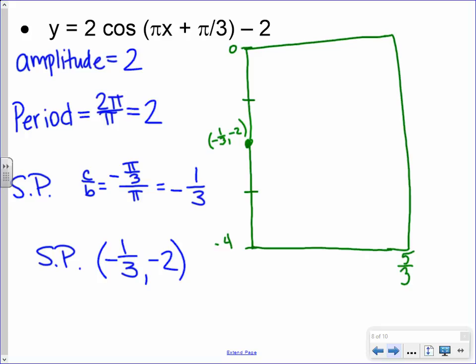Okay, so we take negative 1/3 where we begin, we add the period 2, so that means our frame stops at 5/3. Okay. So I'll just make a little note to myself that this is negative.